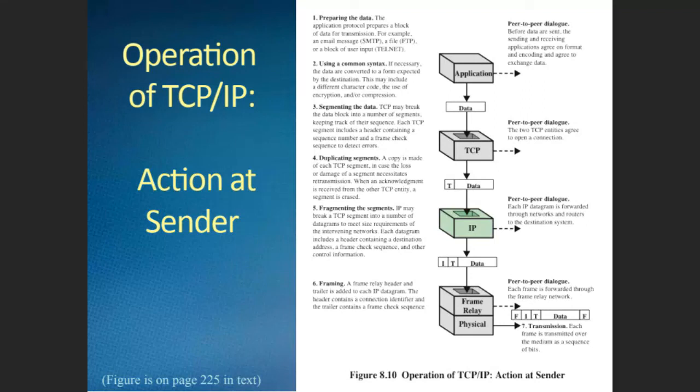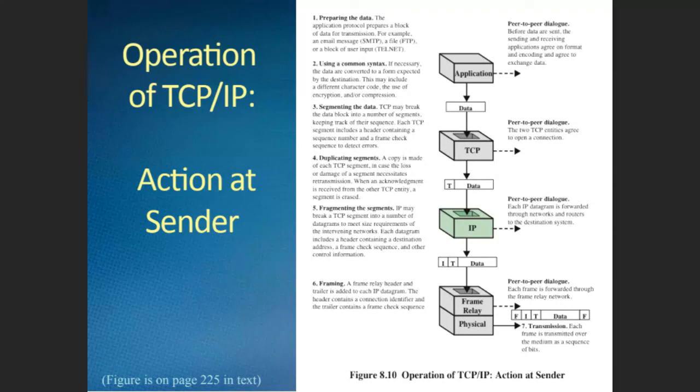When it arrives at the final destination network, it will go from the router inside, to the data link or network access. And the network access will send it to the designated computer in the network.